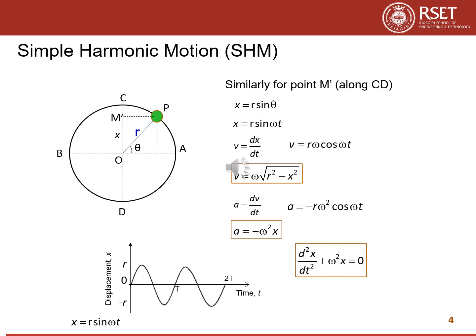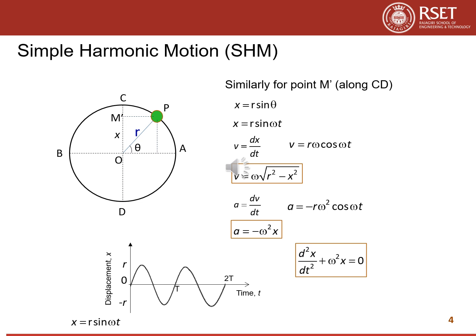In the previous case, we had started your uniform motion from A. At that time, the projection M was at the extreme position. At that time, we had used the expression x is equal to r cos omega t. So the expression x is equal to r cos omega t should be used when the time of motion is measured from the extreme position.